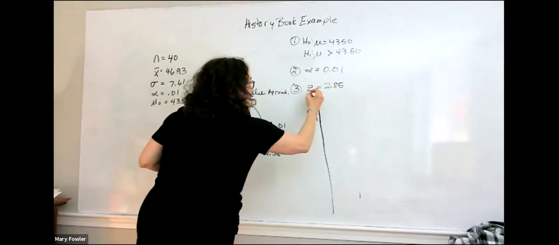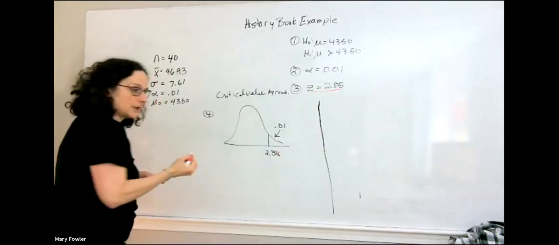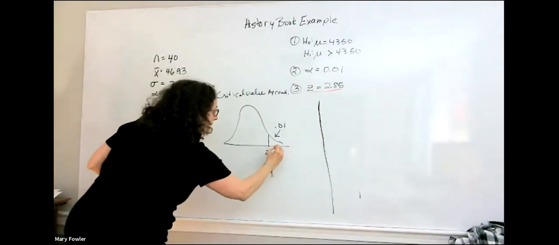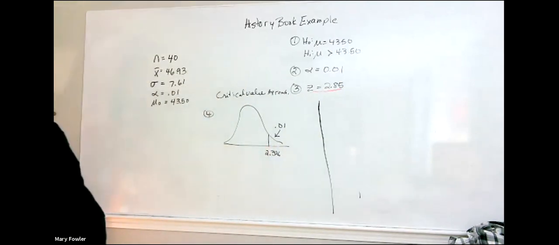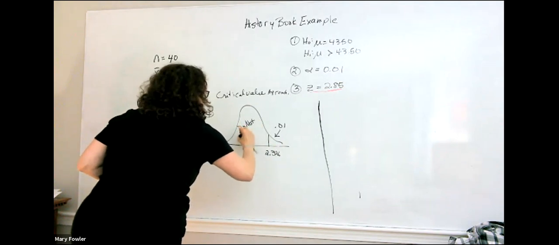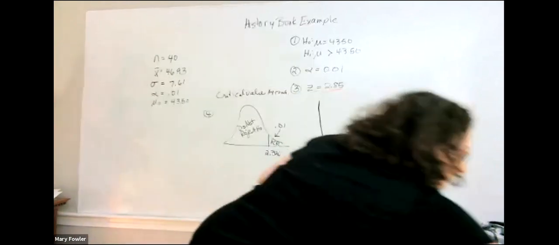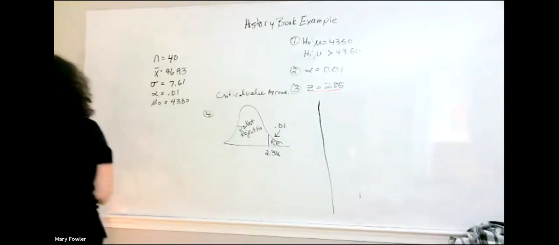And so what I did was I took my z-score and plotted it. Oops, I guess before I did that even, I labeled my regions. This was my do not reject the null hypothesis region, and down here was my rejection region.